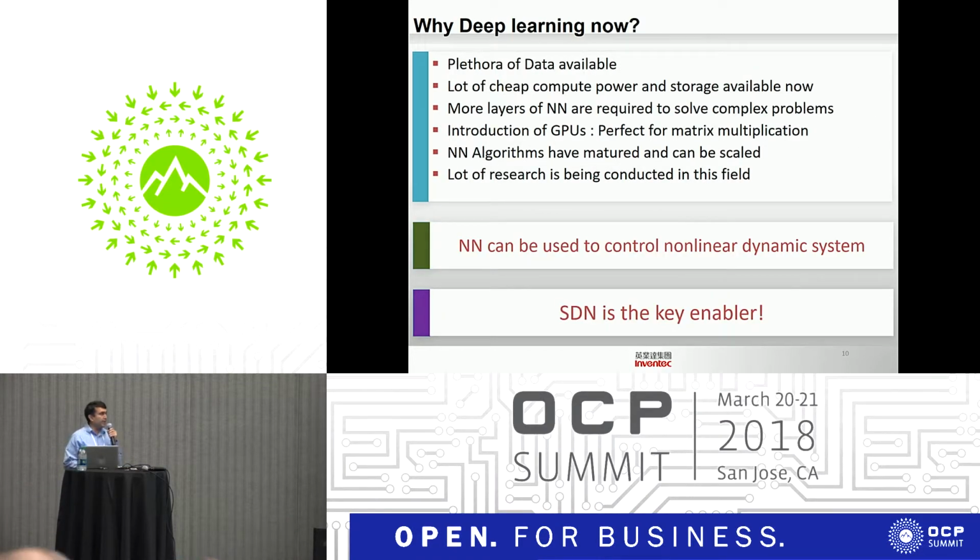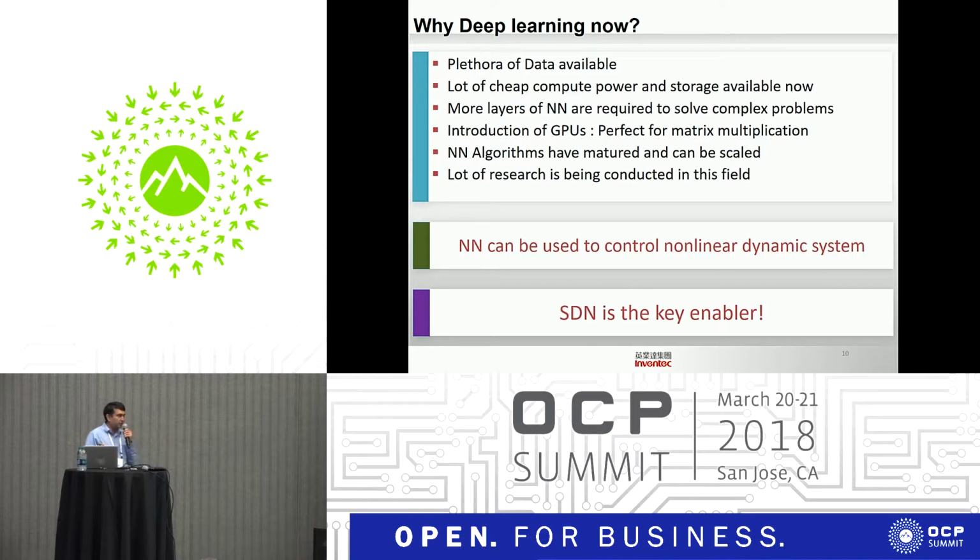The reason we can now insert deep learning into networking is because of some of these reasons that I'm mentioning here. Now we have a lot more data available. Also, the compute and the storage have become much cheaper. And the algorithms for neural networks have matured quite a bit. If you look at some of the research from NVIDIA, they have been doing 100 hidden layers of neural network.